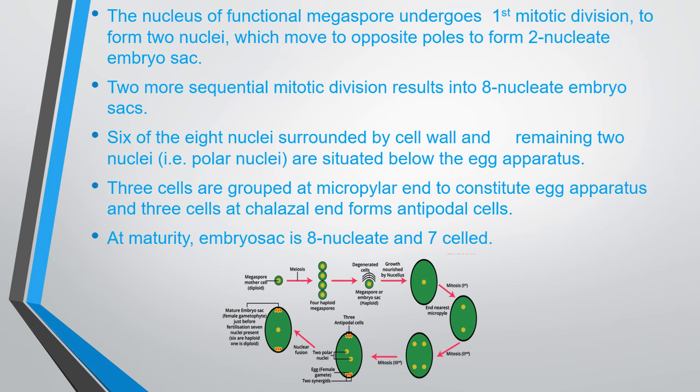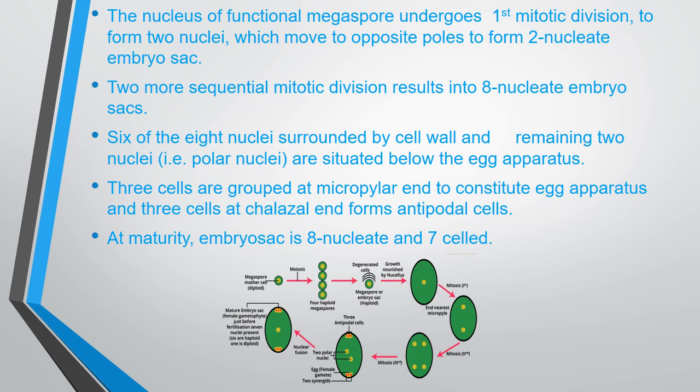The nucleus of the functional megaspore undergoes the first mitotic division to form 2 nuclei which move to opposite poles to form a 2-nucleate embryo sac. 2 more sequential mitotic divisions take place, which results in an 8-nucleate embryo sac.